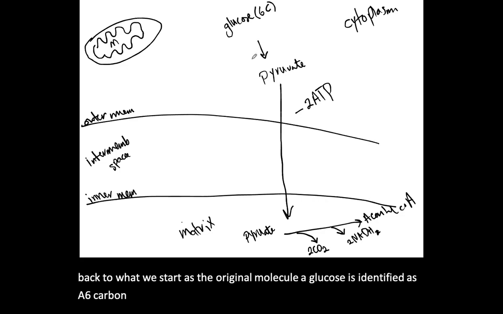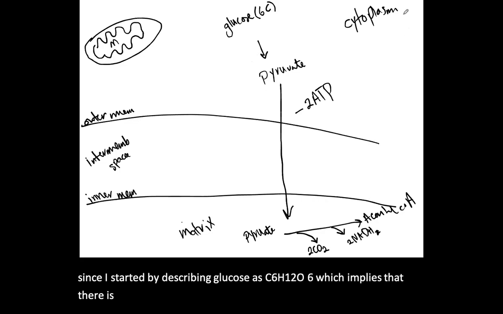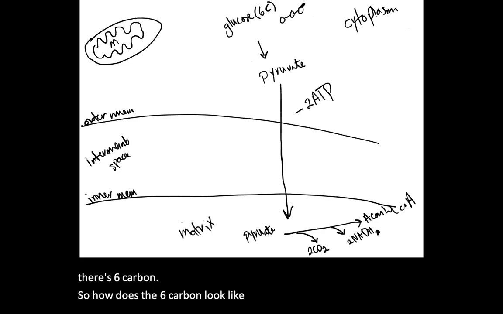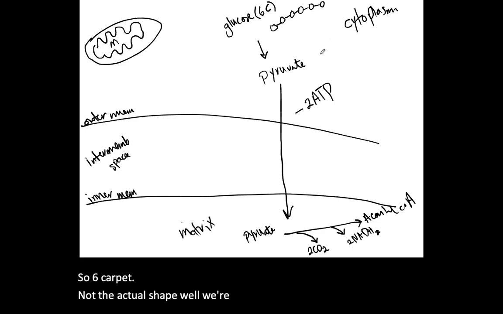And that should be very easy for you to remember, since I started by describing glucose as C6H12O6, which implies that there are 6 carbons. So how do those 6 carbons look? 1, 2, 3, 4, 5, and I'm going to put 1 here. Okay, so 6 carbons. Again, not the actual shape, but we're trying to understand the concept.